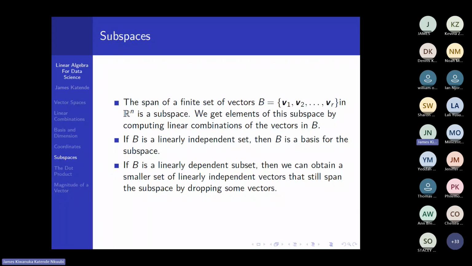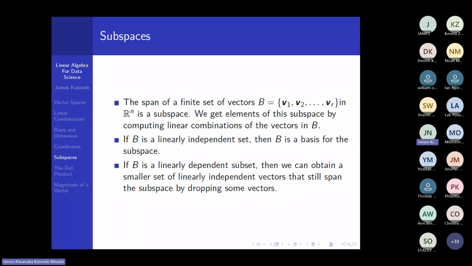Initially we don't know whether all these vectors are linearly independent. They can fail to be, but if they are, then it turns out that B is a basis for the subspace that is spanned by the set.